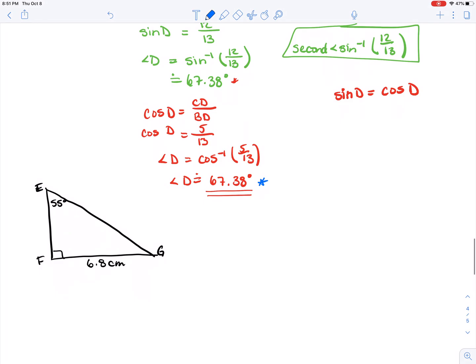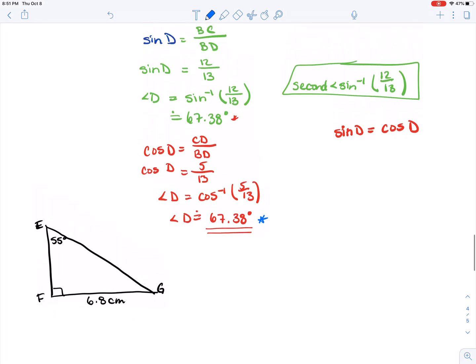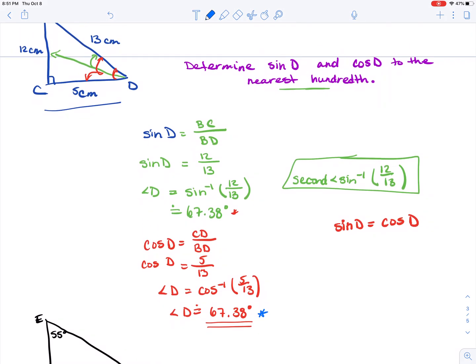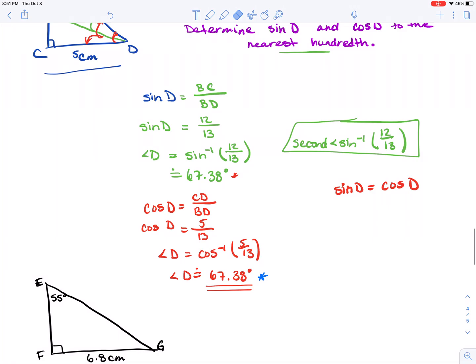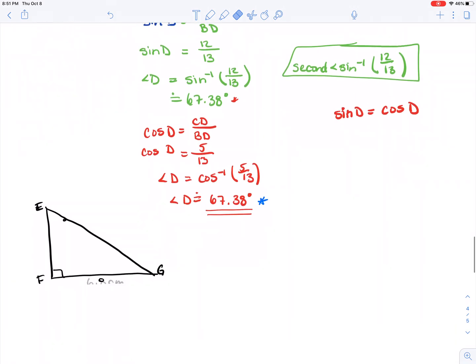Let's give you an example that you can try. I'm going to take out my 55 and my 6.8, and I'm going to give you 8, 15, and 17.